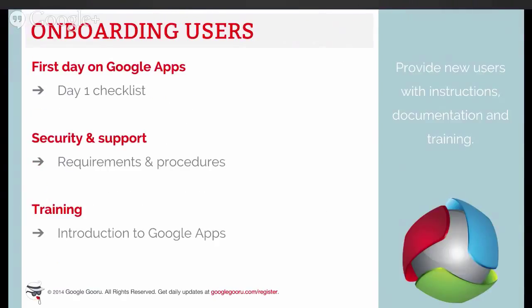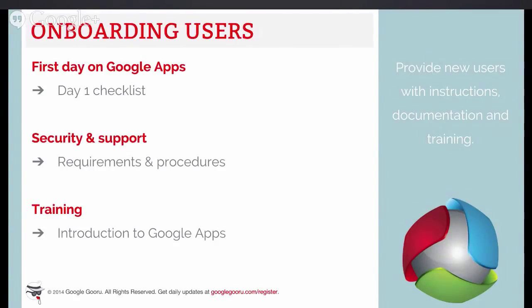So now that you've got your users into Google Apps and you've got your organizations set up, let's talk a little bit about what you want to do to actually onboard your users and get them up and running on Google Apps. I think it's important to give them a checklist of things to do on their first day to get them set up on Google Apps.